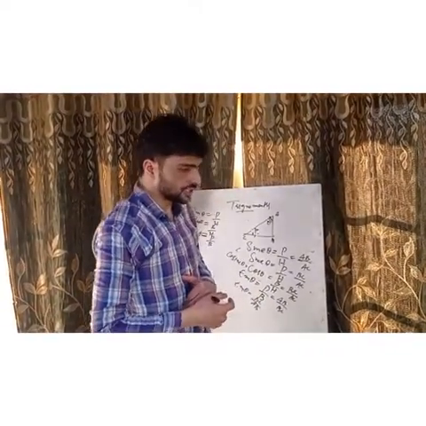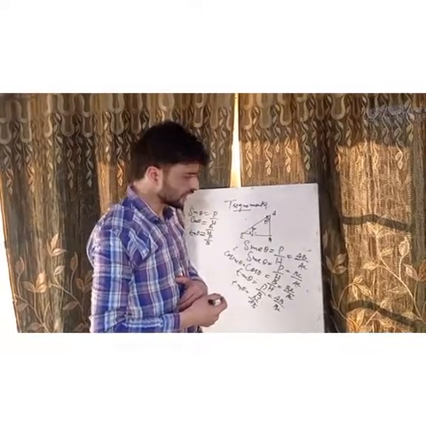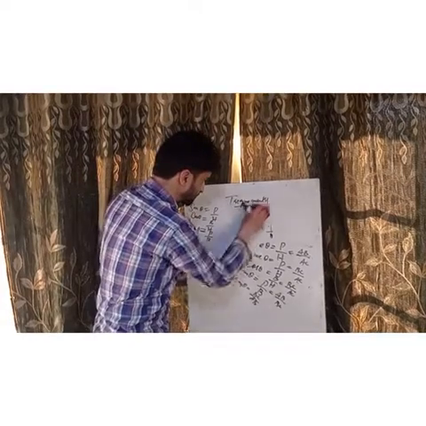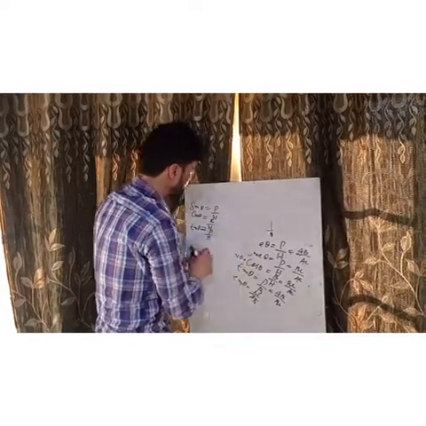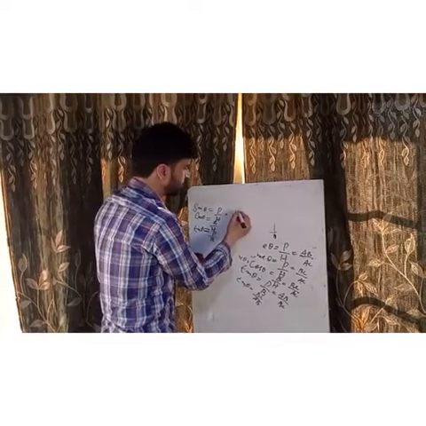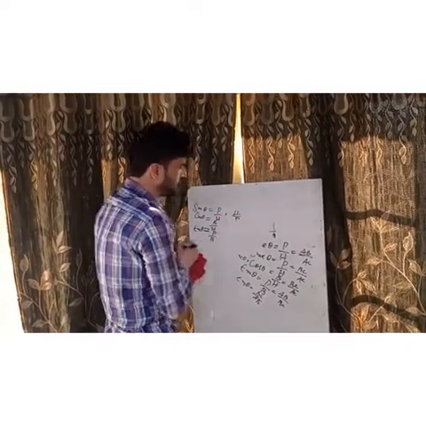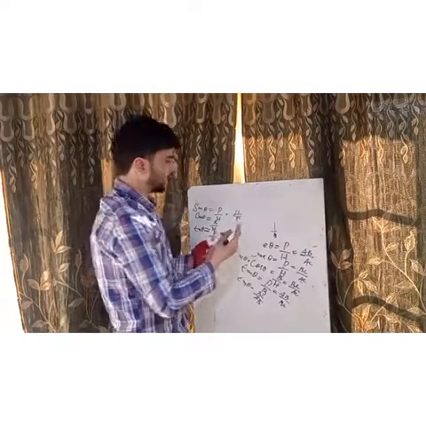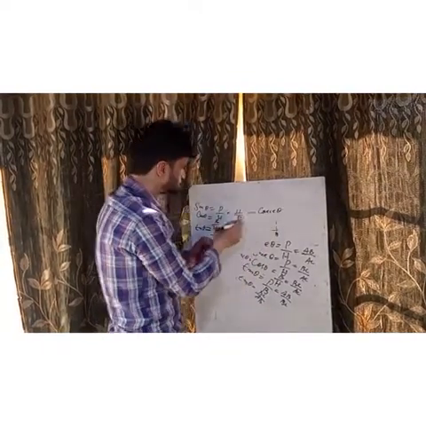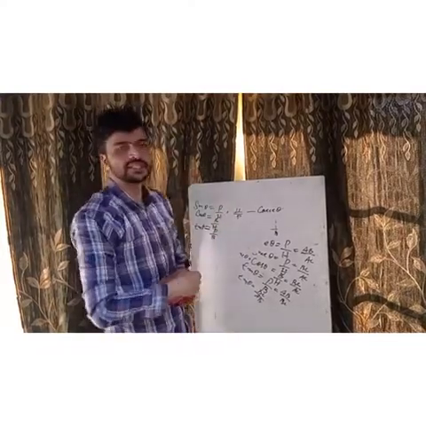Let us name them. If we take the reciprocal of sine, it becomes hypotenuse by perpendicular. We give it another name: cosec of theta. So cosec is the opposite of the sine.